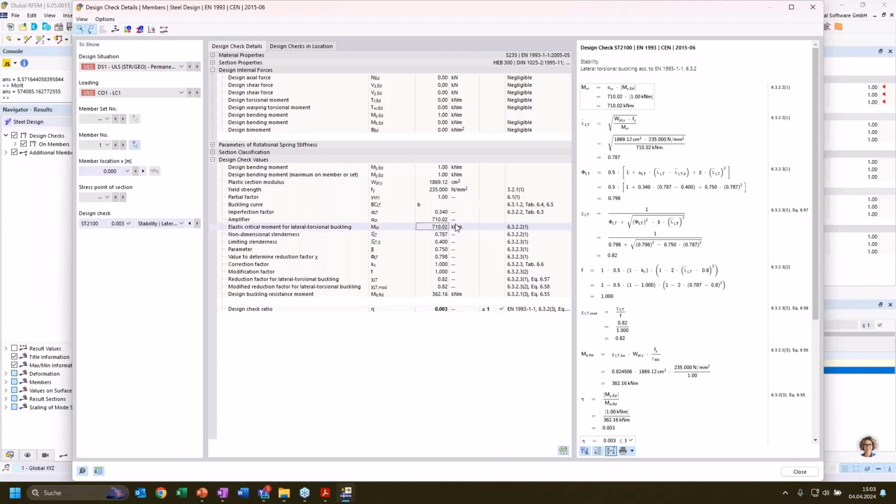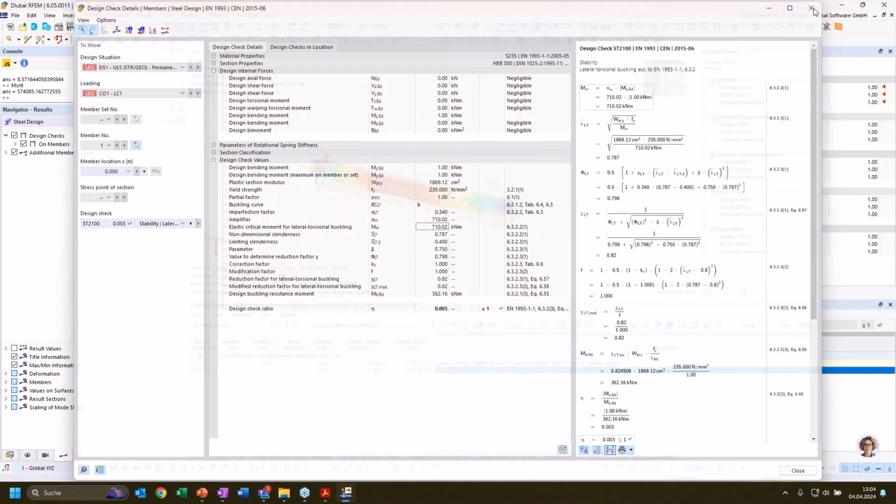And we see that now in the steel design add-on, the rotational restraint on top seems to be already taken into consideration, because we have a much higher critical moment in our steel design add-on, while in the structural stability analysis, the values stayed more or less the same.